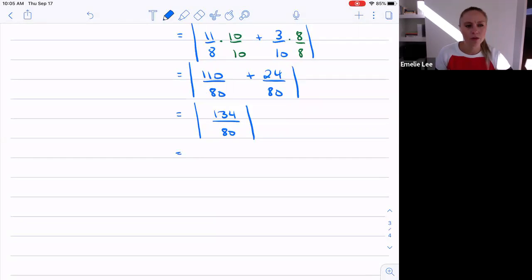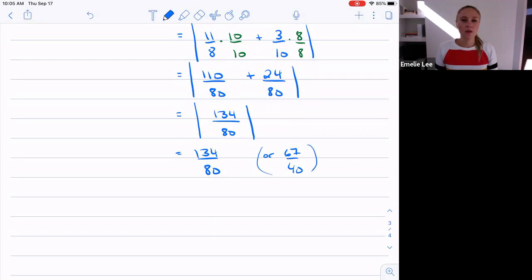Because that's positive, the absolute value of it is just 134 over 80, or 67 over 40, but you don't have to do that. If you have this calculator or even the other Casio one, and it's set to give you the exact answers, it will give you the simplified answer.